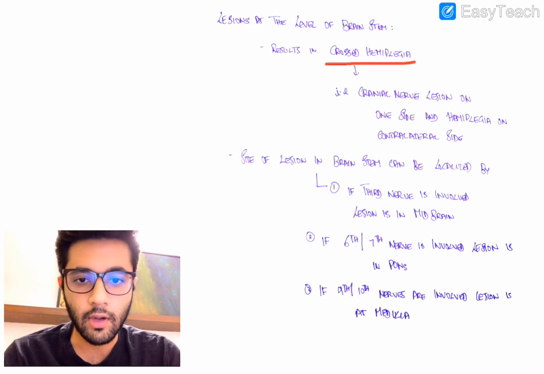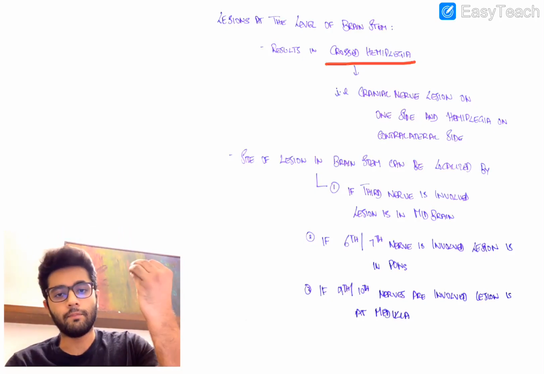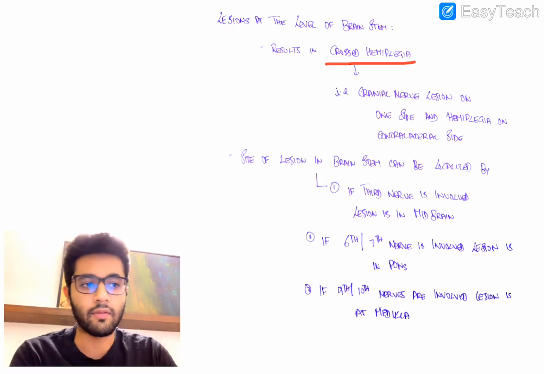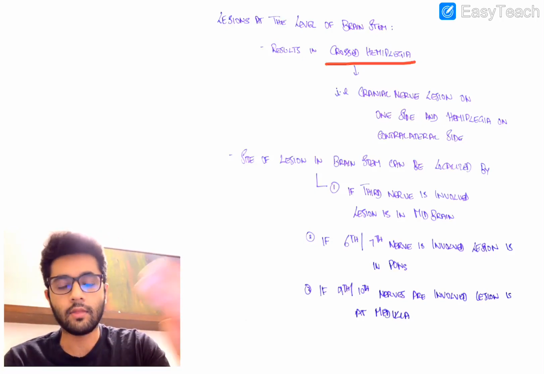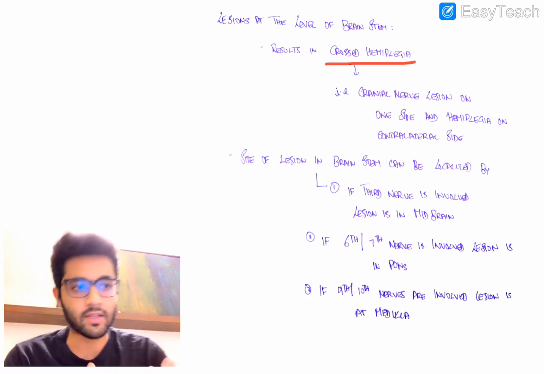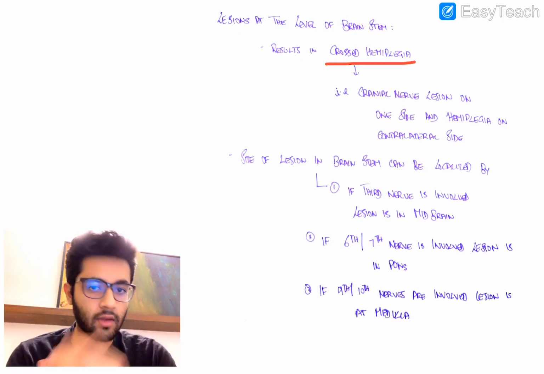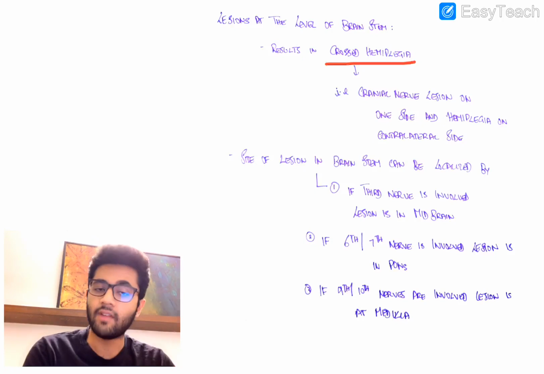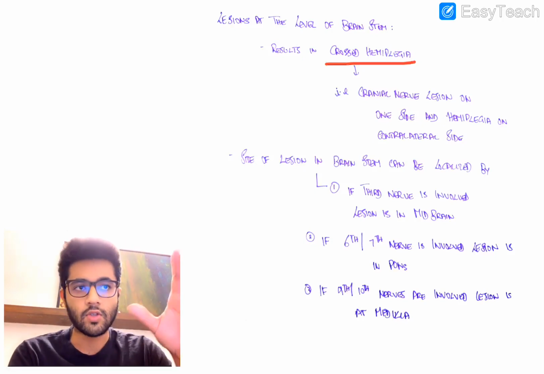So we know that the lesion is at the level of the medulla when the 9th or the 10th nerve is involved. You can know that by the absence of gag reflex. Facial nerve, you can identify facial weakness, and third nerve you can identify with ptosis and extraocular muscle weakness.